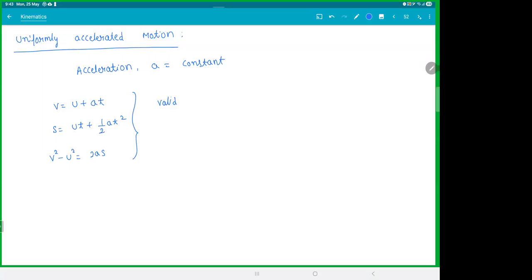If a is not constant, then what to do? Integration. We have to double integrate and we have to get them. These are valid for constant acceleration.